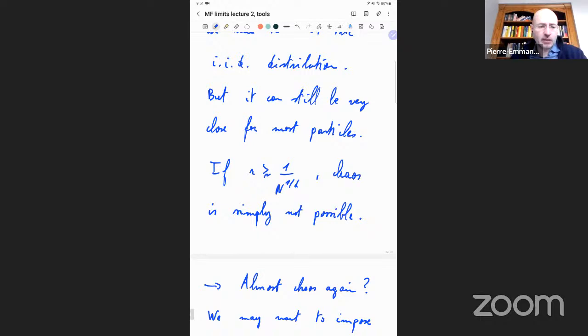I should say that there is one case. I'm trying to stay away from too much of the usual language of statistical physics. But you may have heard words such as microcanonical ensembles, canonical ensembles, grand canonical ensembles. In statistical physics, they refer to various types of settings, and in particular in the grand canonical, typically the number of particles is random itself, so it also has some distribution.